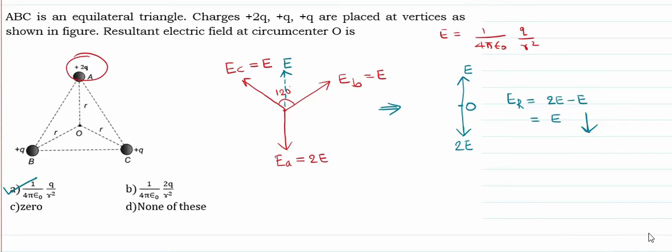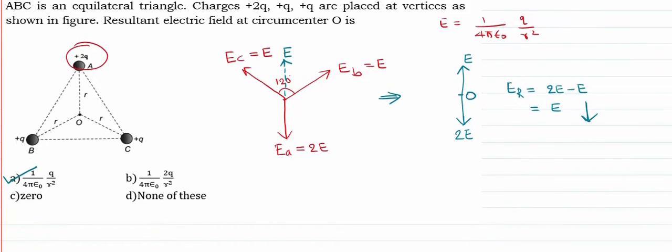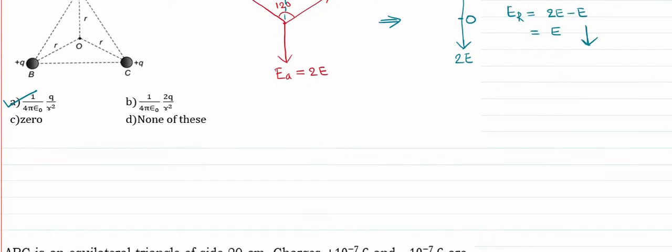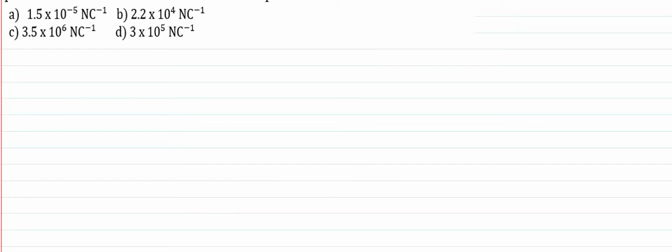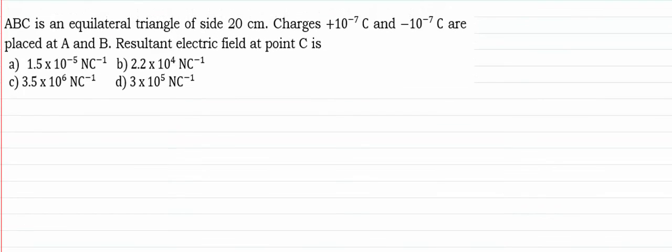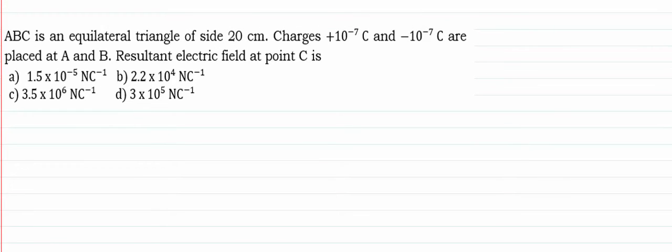Clear, students? So easily, within a minute, you can solve these problems. Next one. ABC is an equilateral triangle of side 20 centimeters. So I will take a triangle, then we will simplify.